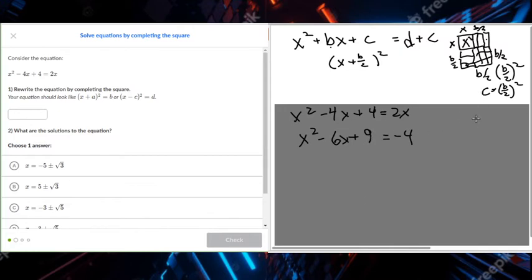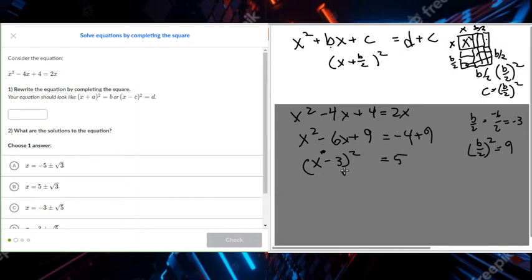We know that because b over 2 is equal to negative 6 over 2, which is negative 3, and b over 2 squared is equal to 9. If I added 9 on this side, I have to add 9 on this side too. So here we go. X squared, I want to put this into a squared form now, x minus 3 squared is equal to 5.